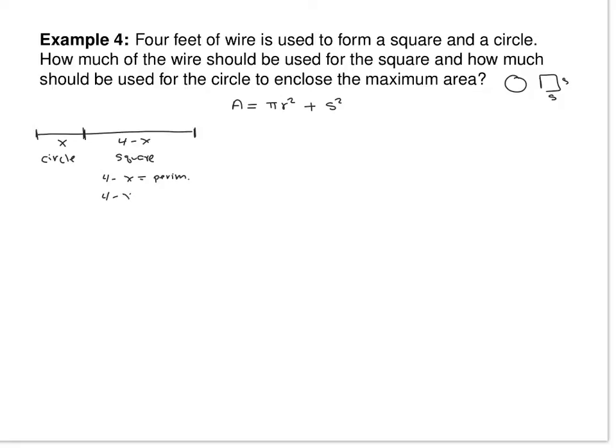Yeah, so 4 minus x will equal 4s. So therefore s will equal 1 minus a quarter x. Does that make sense? So if 4 minus x is the total for all 4 sides, take that thing and divide it by 4, and that gives how much each side is.